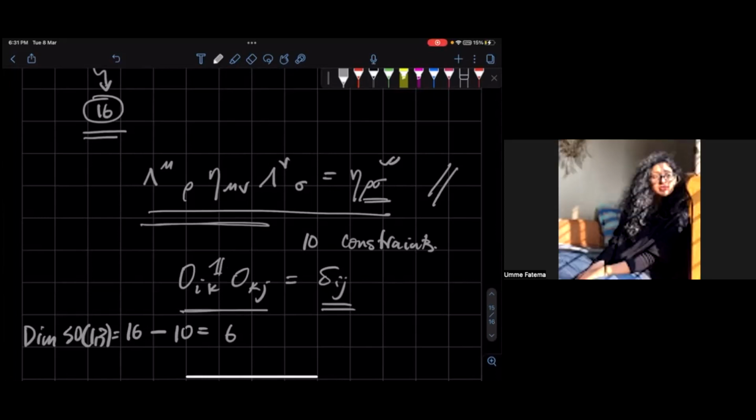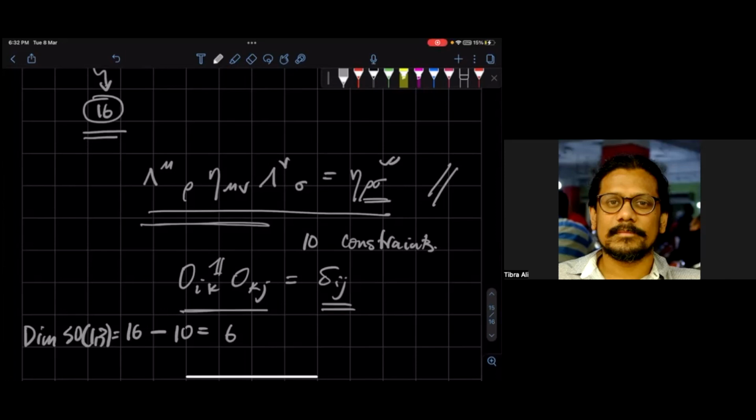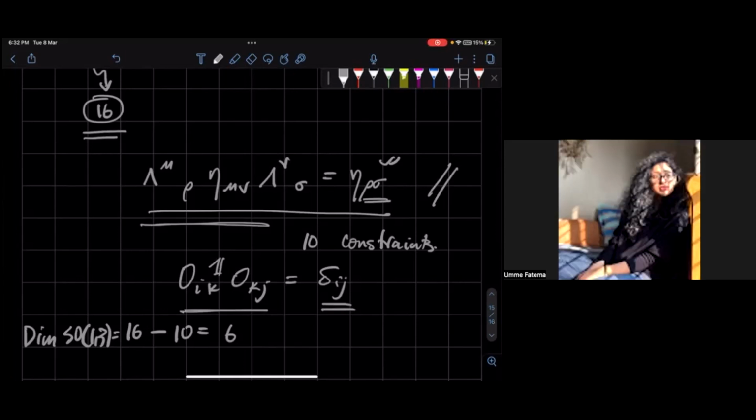Sir, is SO(1,3) the Lorentz group in 4 dimensions? Yeah, exactly. This is the Lorentz group that's relevant for us. The other one was like a toy Lorentz group.